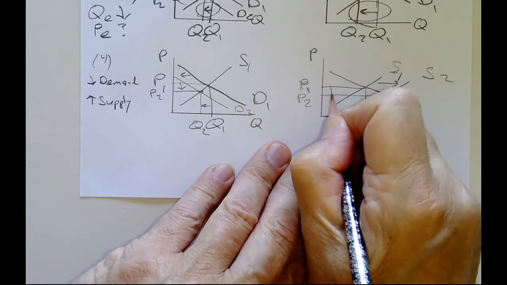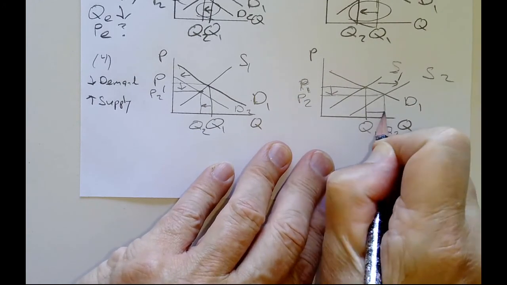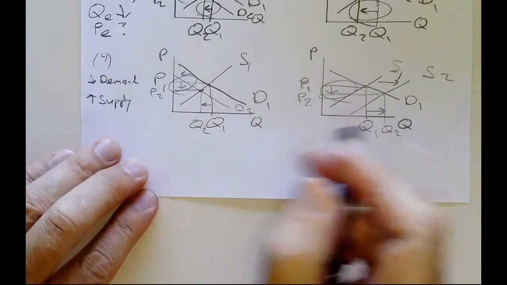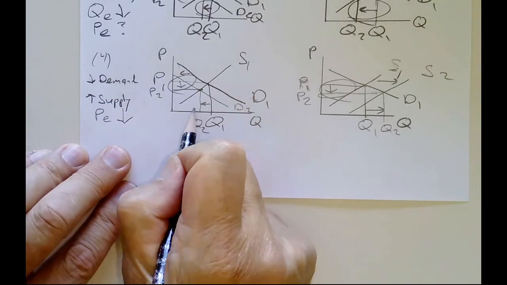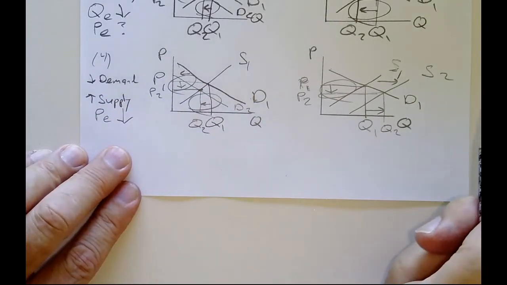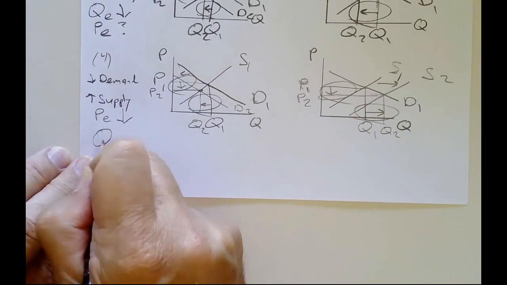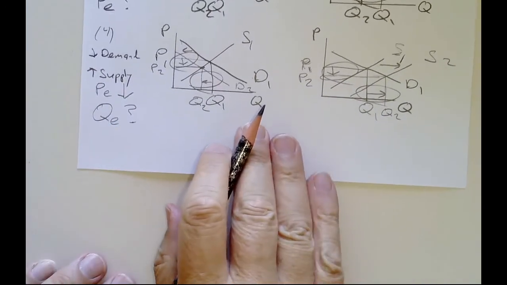Price comes down, quantity increases. Where do they agree? Both say price comes down. On quantity, they disagree. Lower demand says quantity moves inward, higher supply says quantity moves outward. They disagree, so the change in equilibrium quantity is indeterminate. Give it a question mark.